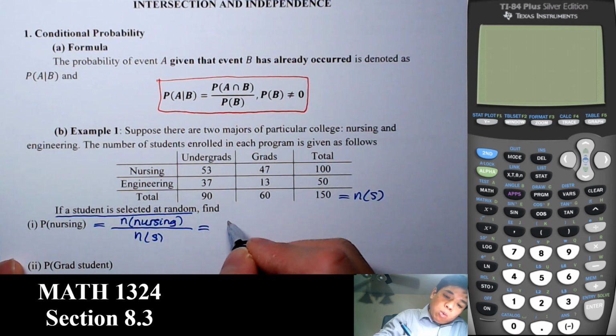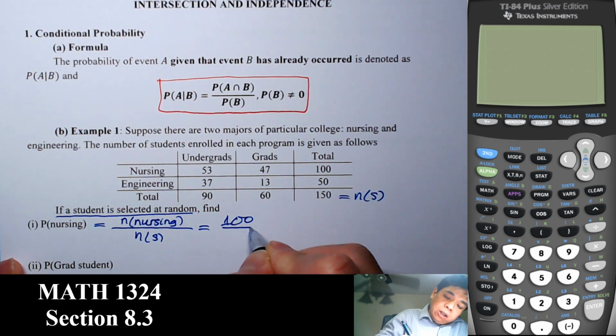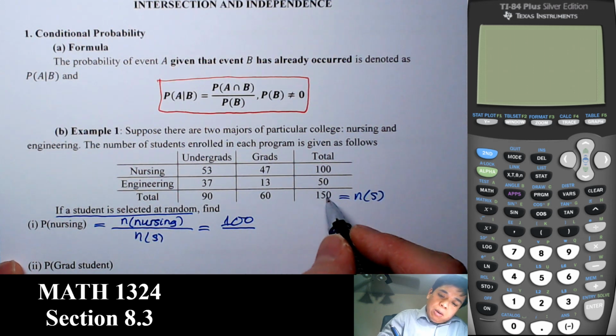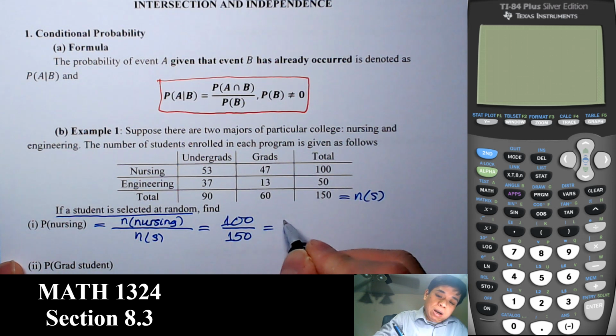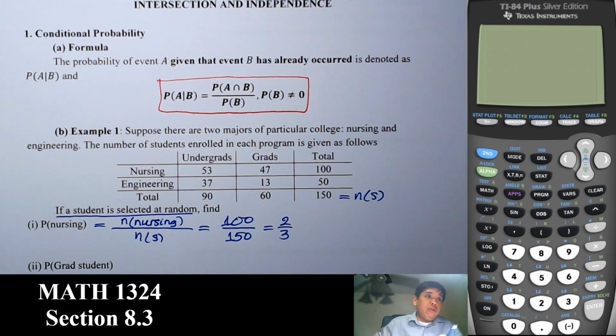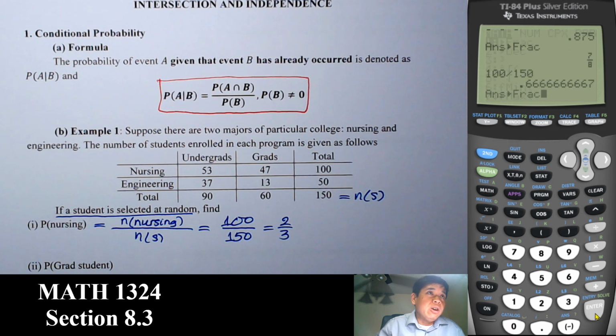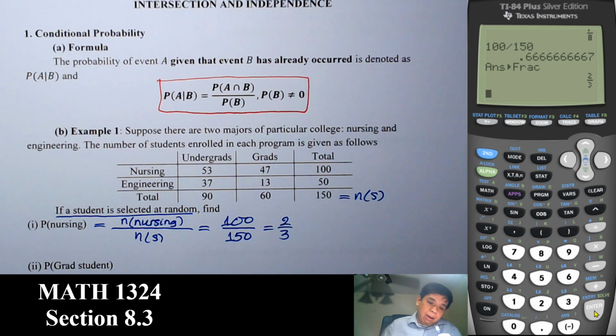Nursing total is 100, and the sample space is 150. So we cancel 50 top and bottom, and we have 2 over 3. Of course we can just divide them and convert to a fraction, to thirds.